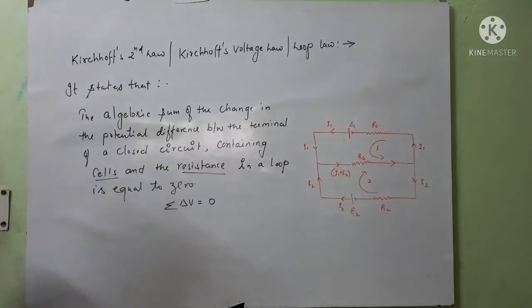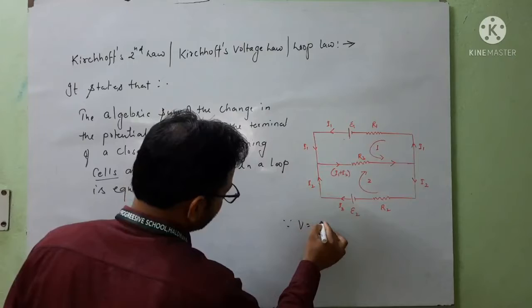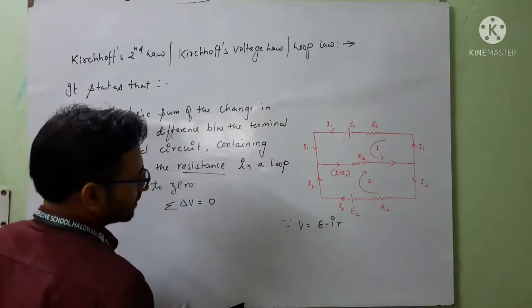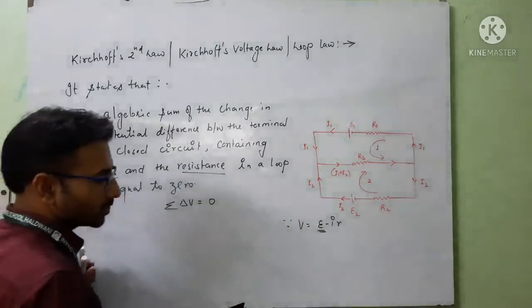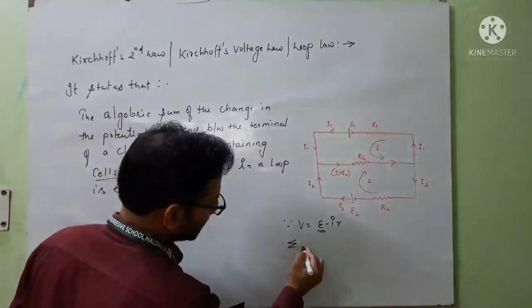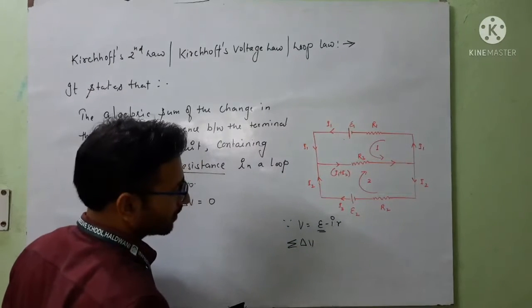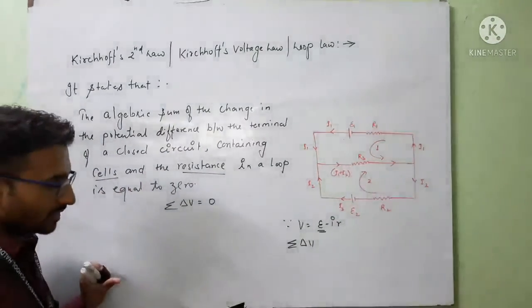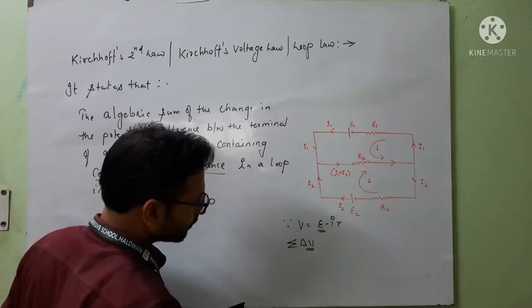And dear student, as you know from the relation V equals E minus IR, we can write the algebraic sum of change in EMF and the algebraic sum of change in voltage.